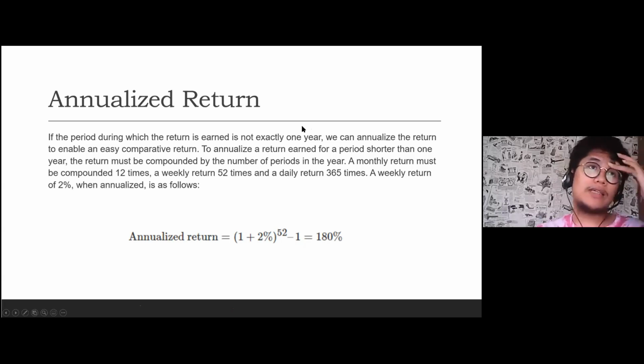In my class, I introduced the word fortnightly or bi-weekly. For bi-weekly or fortnightly, you use 26 times. Basically, the formula for the annualized return is 1 plus I raised to the F, where F is your frequency, minus 1 to get your annualized return.